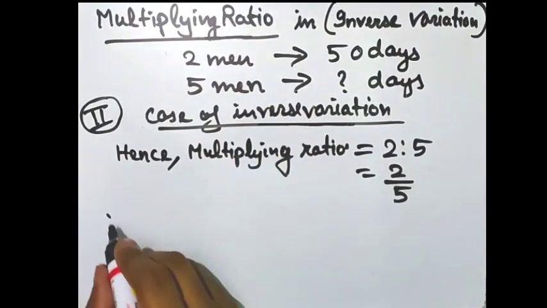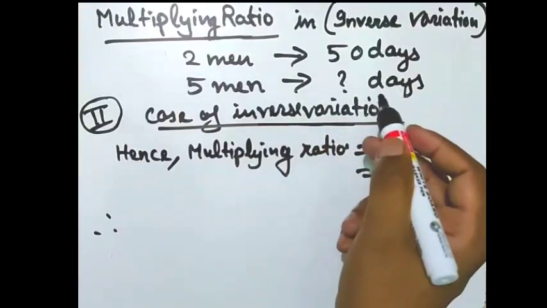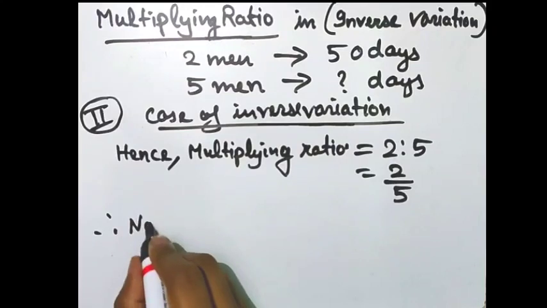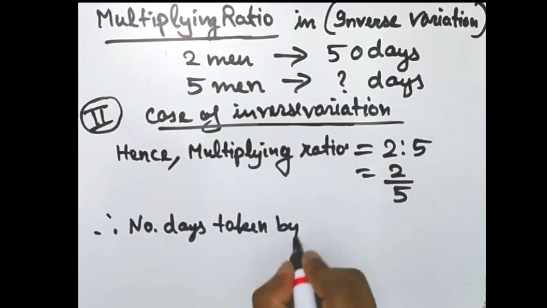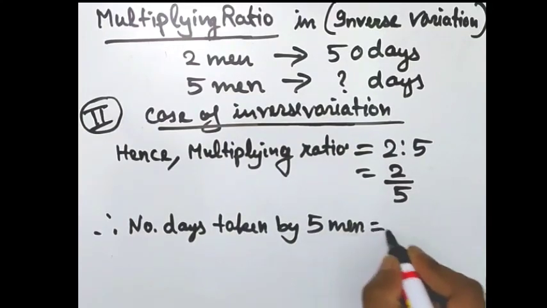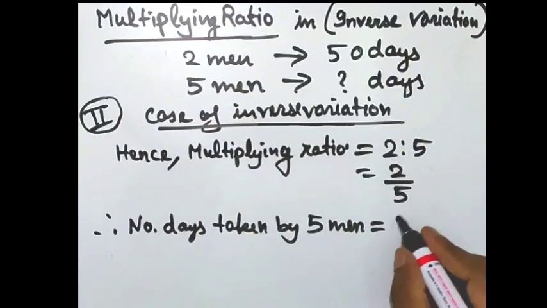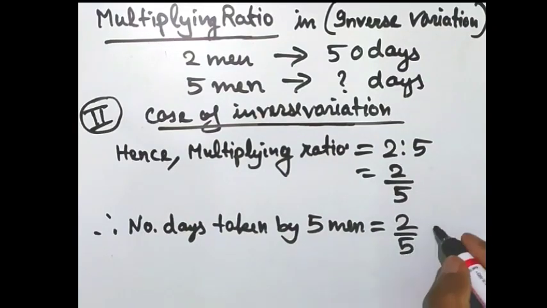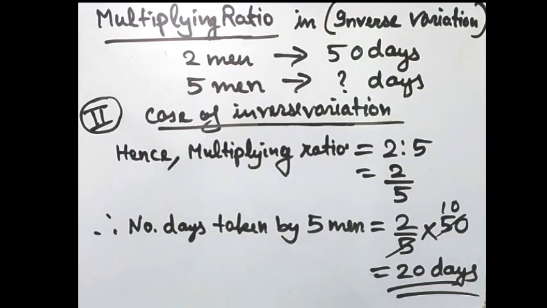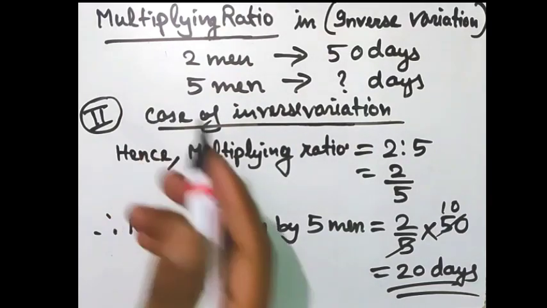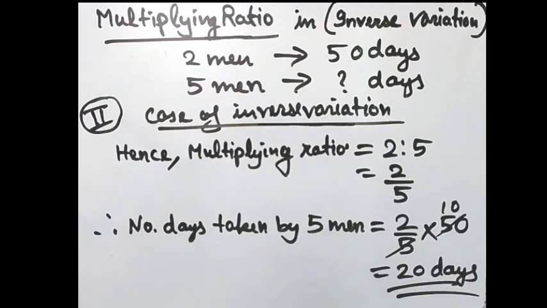Now we can say, therefore, we have to find the number of days. So the number of days taken by 5 men will be equal to what? 2 by 5, that is the multiplying ratio, multiplied by the value of one quantity that is given, that is 50. So 5 tens are 50, and 2 tens are 20 days. Clear?